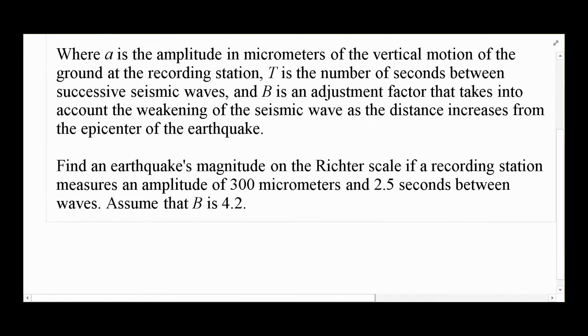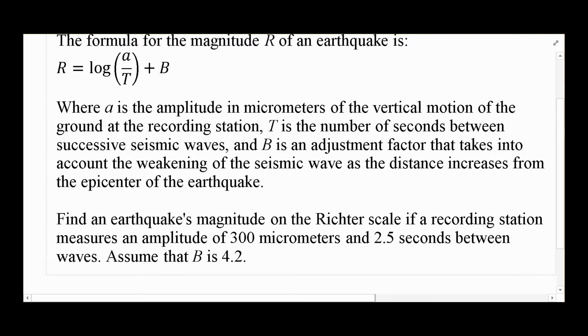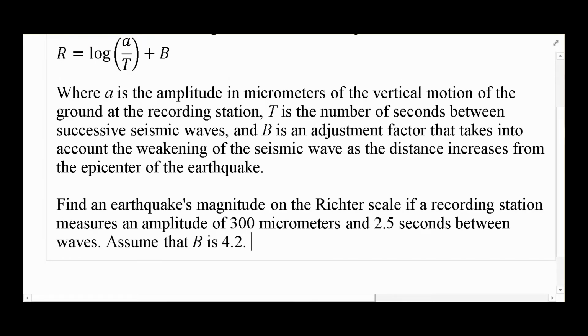Now, the problems that we're going to deal with, let me get this all on the same screen here. You're going to be asked to find the earthquake's magnitude on the Richter scale if the recording station measures an amplitude of 300, 2.5 seconds between waves, and B is 4.2. So literally all this question is going to be is plugging numbers into your calculator.